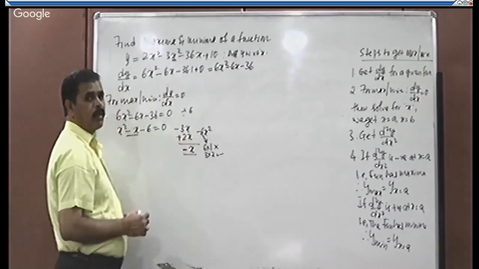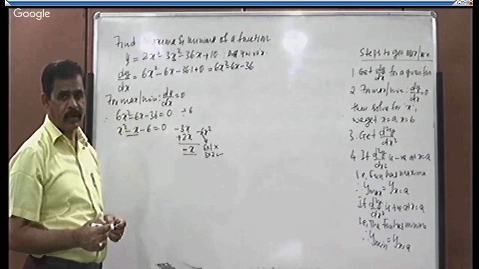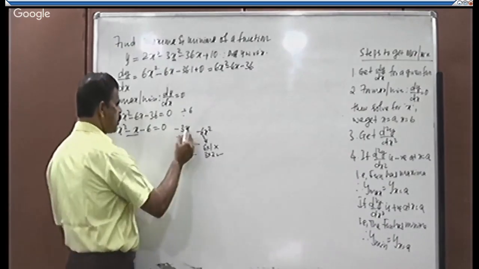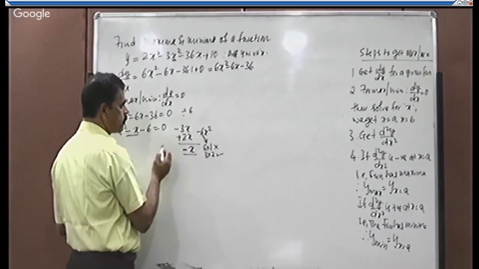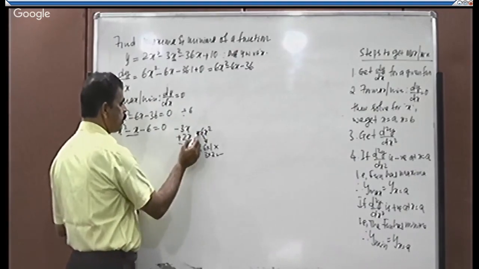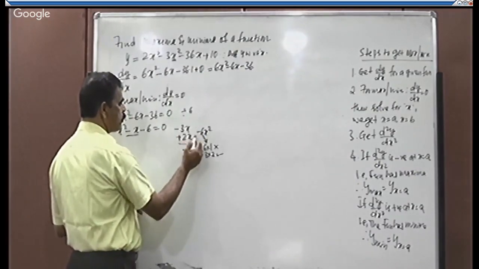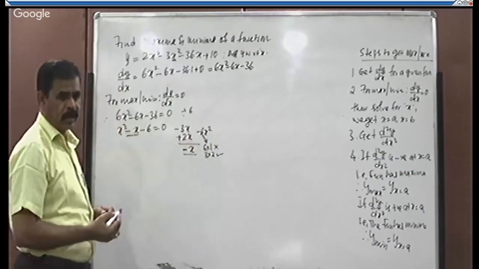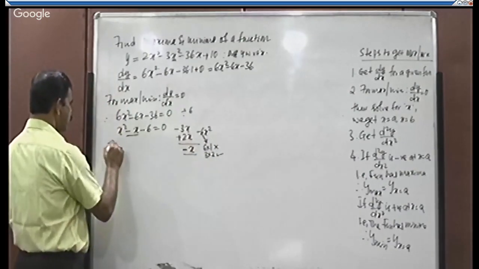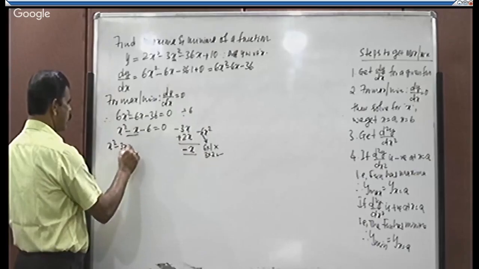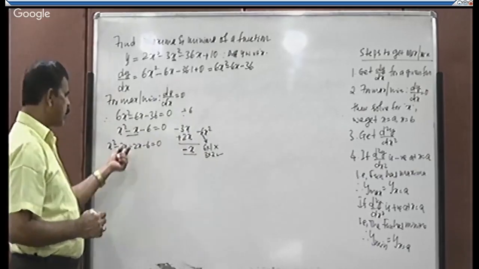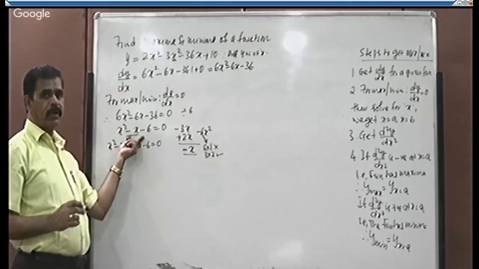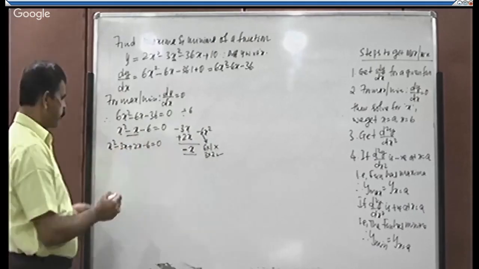When we have opposite signs, only then we subtract. So minus 3x plus 2x is minus x. Minus into plus, minus, 3 twos are 6. X into x is x square. Now it is x square minus 3x plus 2x minus 6 is equal to 0. We have just replaced the middle term by two terms.